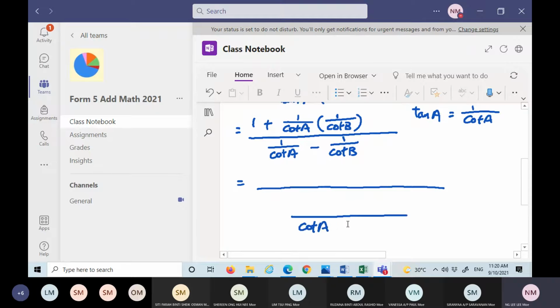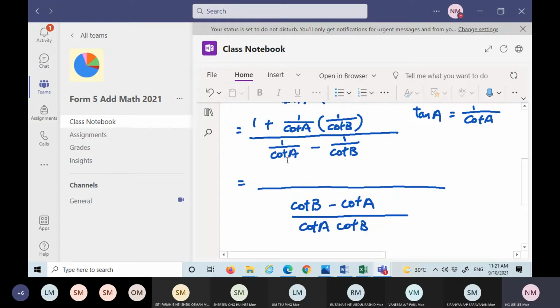So cotangent A have to times with cotangent B. Okay, this one times with cotangent B. Then this one cotangent B have to times with cotangent A. So here times with cotangent A, here also times with cotangent A. Okay, so this is for the denominator.